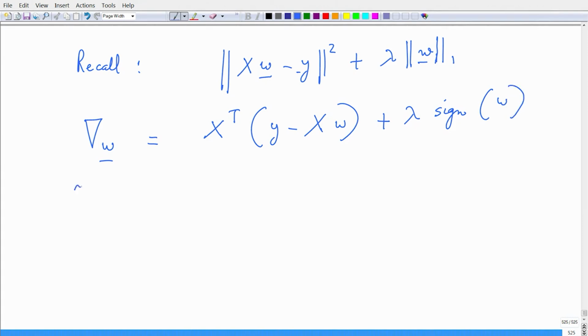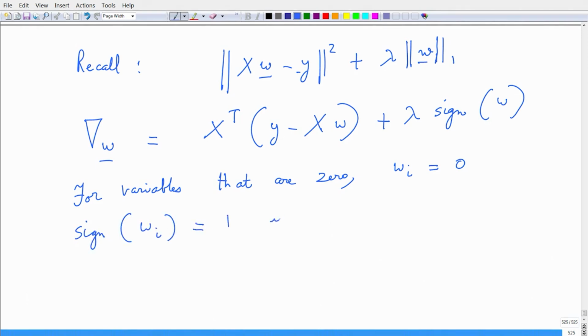Now for variables that are 0, which is wi equal to 0, we do the following: sign of wi equals 1 if xi transposed times y minus x w is greater than lambda.